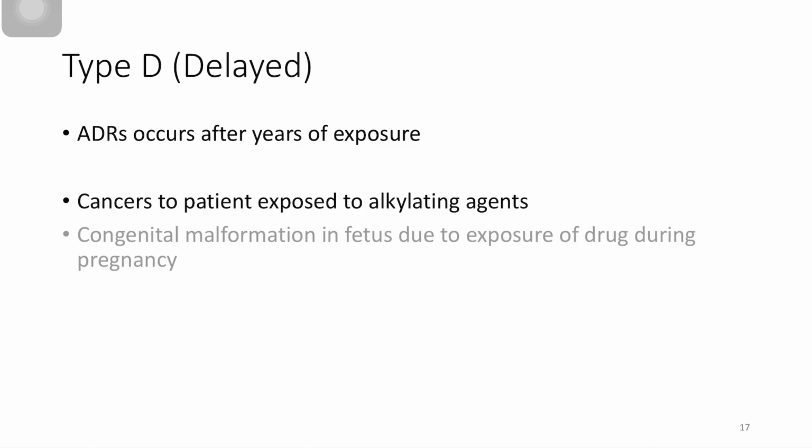Let's jump to delayed type of hypersensitivity, that is longer than the chronic. That adverse drug reaction occurs after years of exposure, and the examples are cancers in patients exposed to alkylating agents.